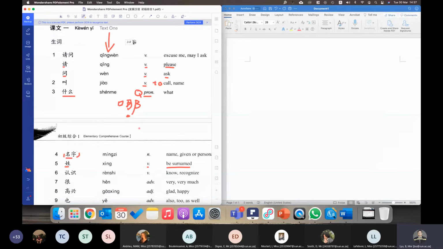As I told you, for example, my name in Chinese is Lü, and my surname is Lü. The surname always comes in front, which is my family name.